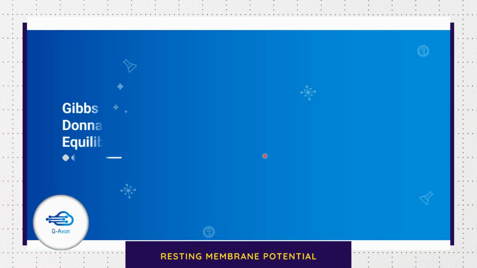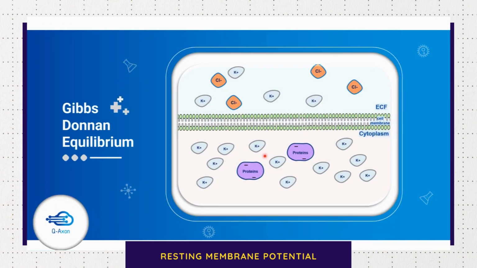To understand Gibbs-Donan equilibrium, let's consider some ions present inside the membrane, the cytoplasmic side, and the ions present outside the membrane. Suppose potassium, the positive ions, are present outside along with chloride ions, and the positivity is neutralized by the negativity of the chloride ions.